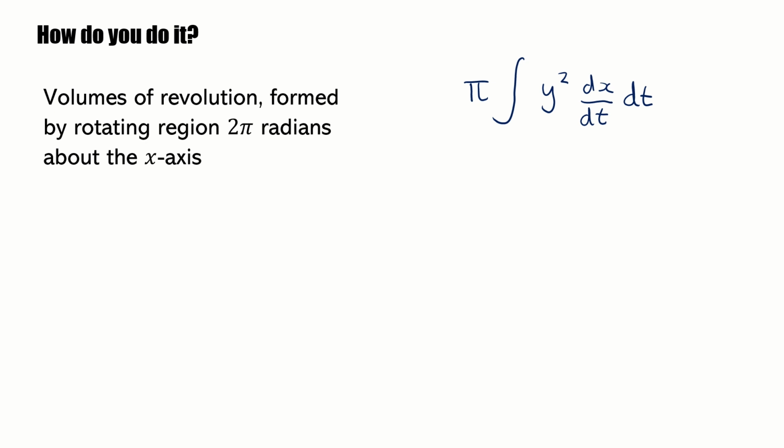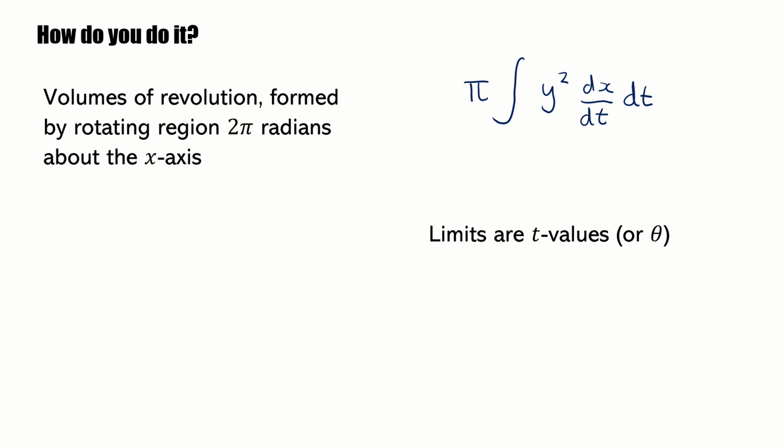However, something also to be aware of is the fact that because we're doing parametric integration, the limits are t values or theta values. So of course, as we're rotating about the x-axis, the limits would normally be x values, and it's just the equivalent t values for those x values that you use as the limits for our parametric integral.